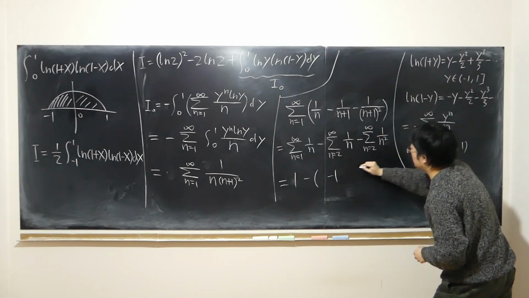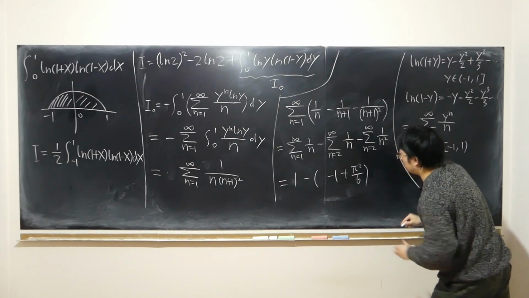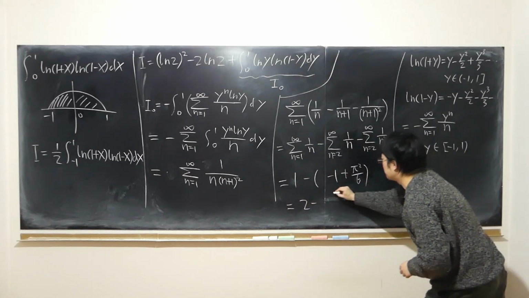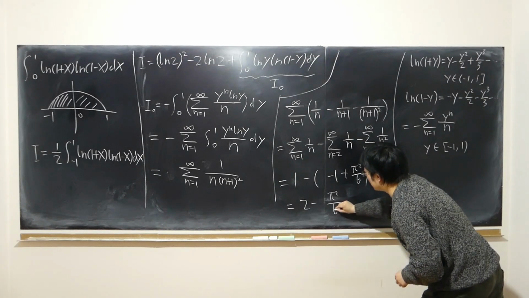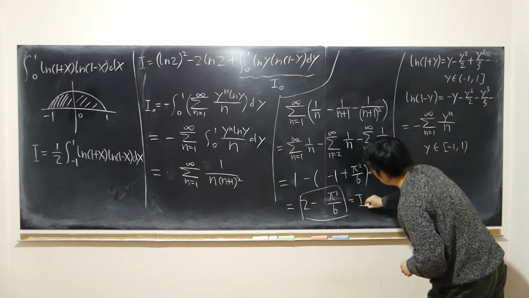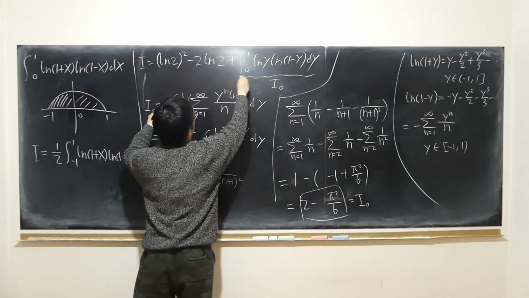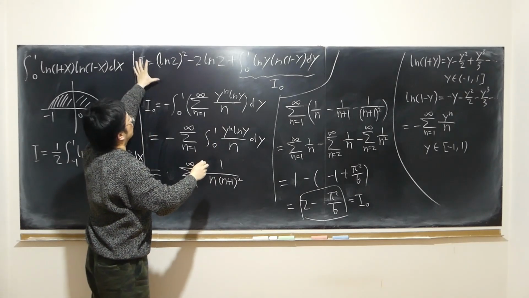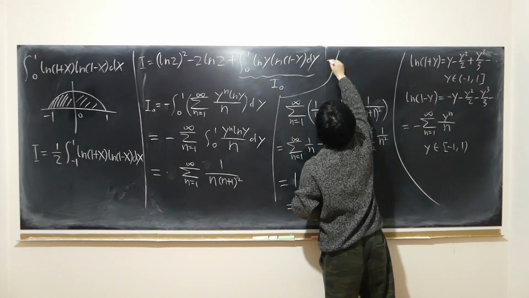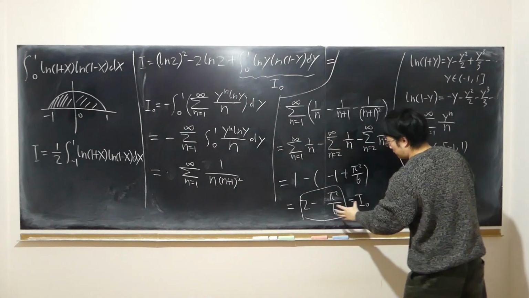So this becomes pi squared over 6, still the same thing. So 2 minus pi squared over 6. That's the I naught, like I said. So the entire integral equals this part plus this part.